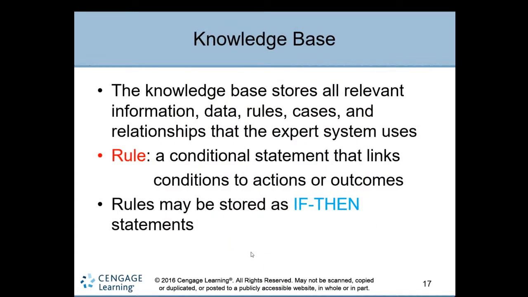So what is a rule here? A rule is nothing but a conditional statement that links a condition to an action or outcome. Mostly it is in the form of if-then, also known as if-then statements. The condition is nothing but a test. For example, if your marks are greater than 60, you will pass, else fail.